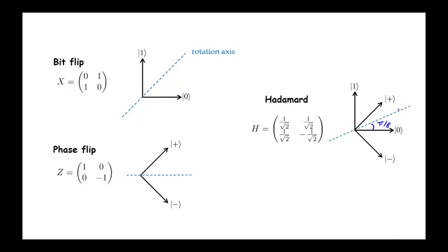Then you can think of the Hadamard gate as a reflection about this pi by 8 axis. But again, the right way to think about it in the complex two-dimensional space is as a rotation through 180 degrees, or pi, about this pi by 8 axis. So it's a rotation about this axis where everything is rotating by pi.